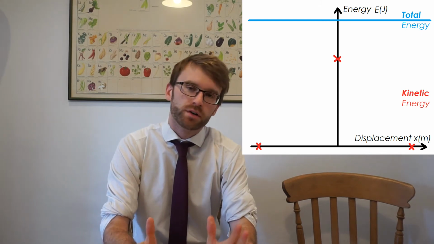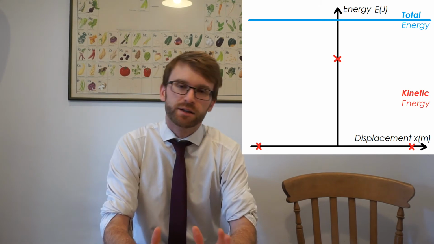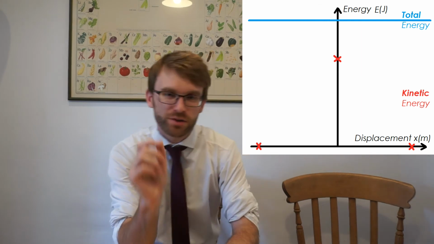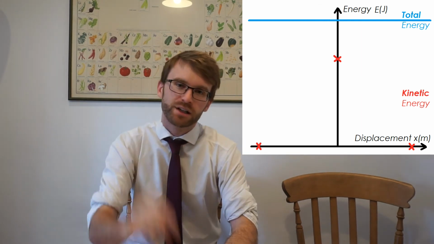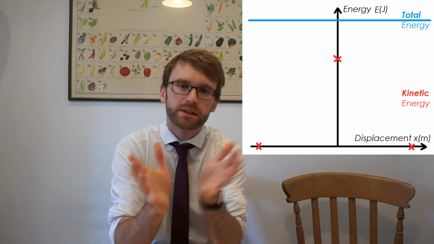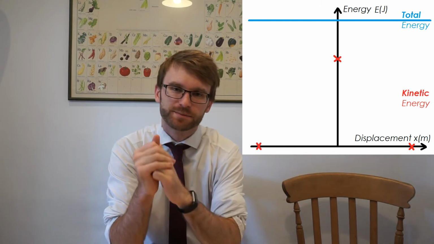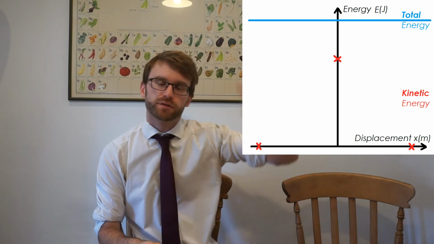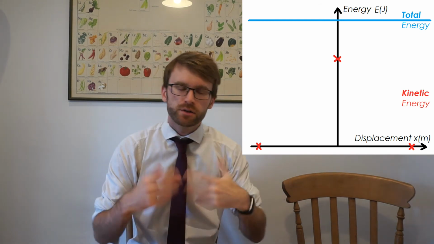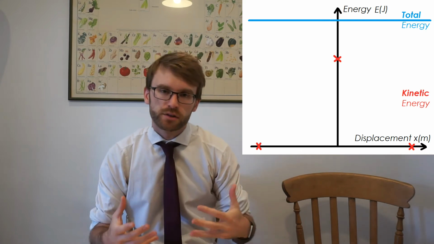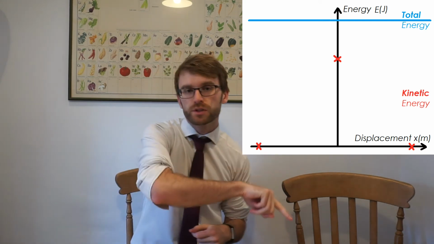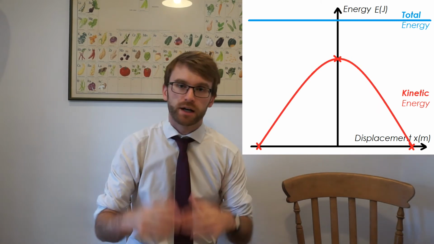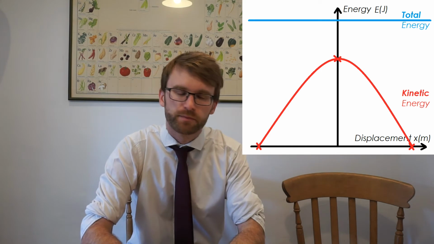So whatever our maximum kinetic energy is, put a cross there on the equilibrium position. Notice I've not said put the cross on our maximum energy line. Maybe it goes there, maybe it doesn't. It depends, and I'll talk about why in a second. But whatever your maximum kinetic energy is, let's cross it off on the line. We know that velocity varies sinusoidally, it's not a straight line, so we join those with a parabolic curve.